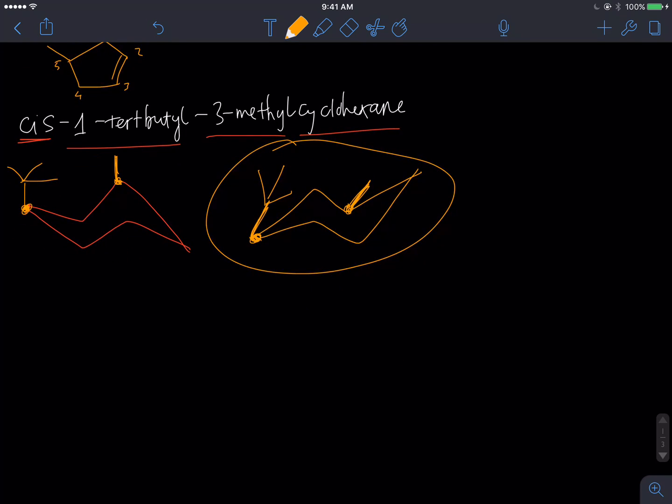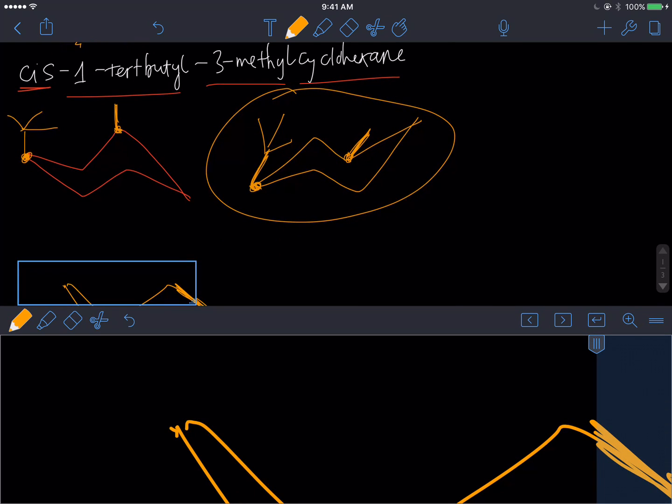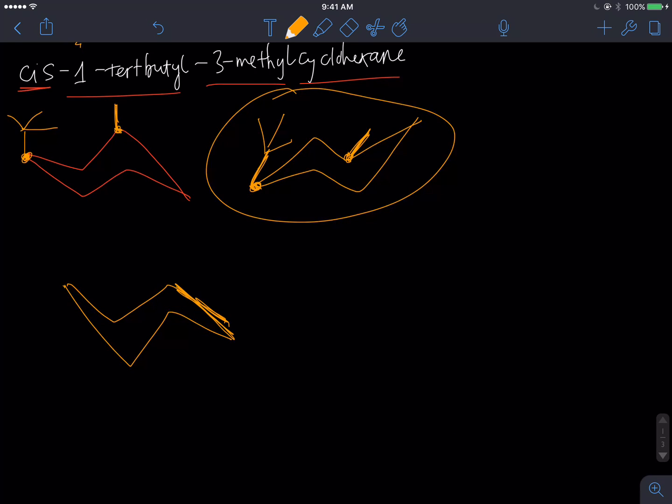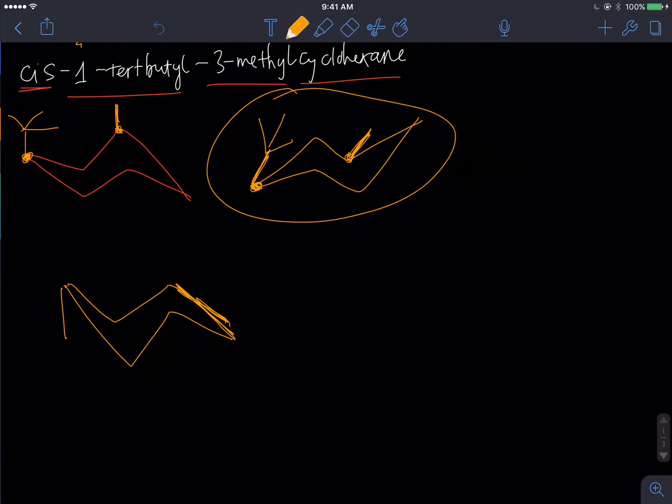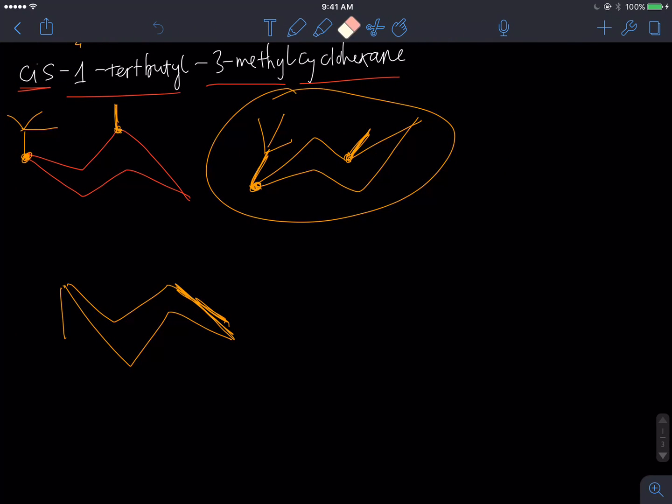What if I choose another structure? What if I choose down? In this carbon, down is equatorial, right? It looks like axial, so put it like that. Okay, equatorial, and down right here is axial.